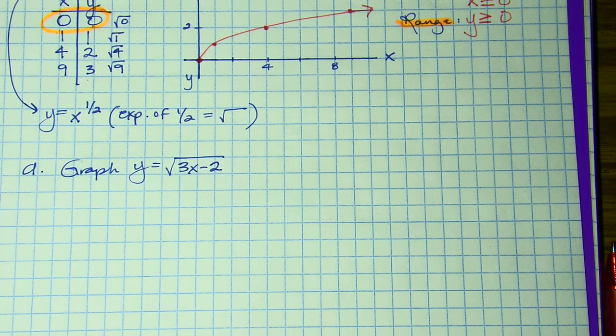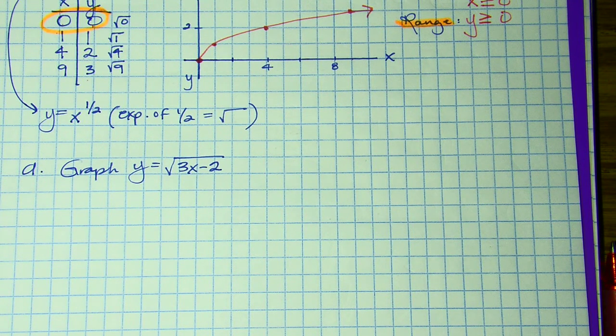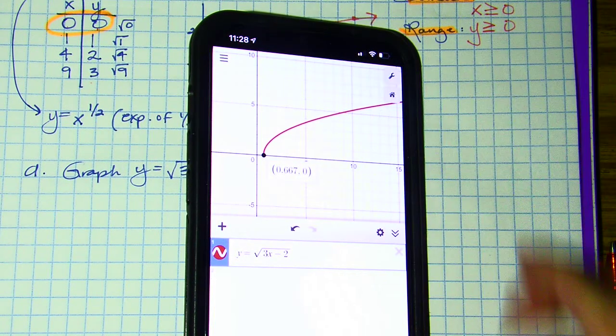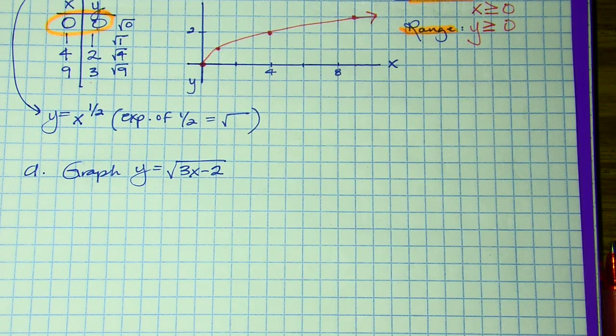All right, so you could use Desmos here, okay? So I'm going to enter this in my Desmos. So y equals, and then underneath I'm going to write 3x minus 2. And then I'm going to zoom in on my points. So that first point is (2/3, 0).